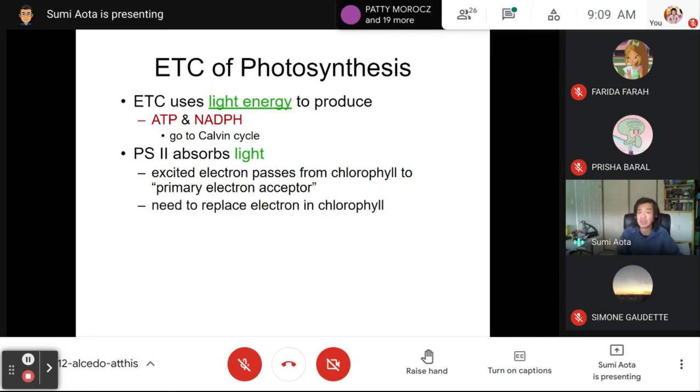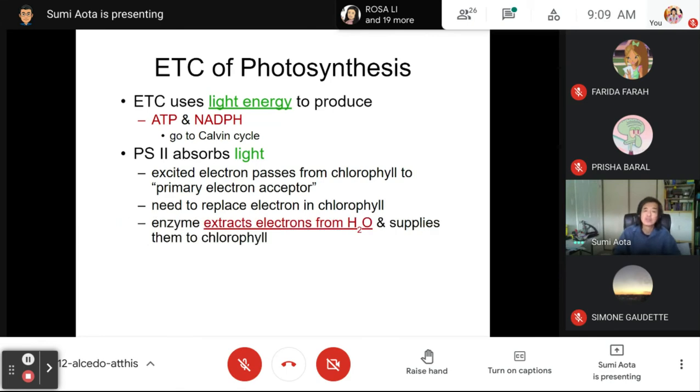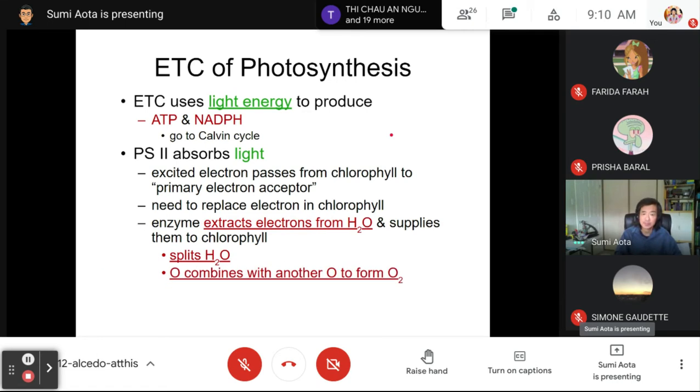We need to replace the electrons that were lost in PS2, so we're going to use an enzyme to split water and take the electrons from the water and give them to photosystem 2. The oxygen from the split water will combine with another oxygen from a second split water to form O2.